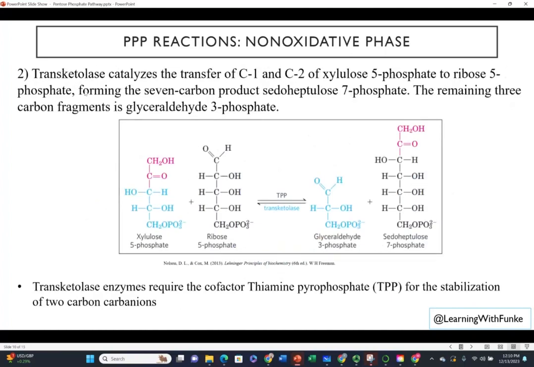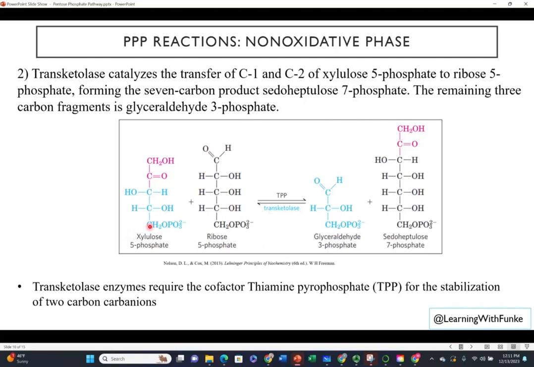All right, so going much deeper, we said in step 2, we have that transketolase enzyme that uses TPP as a cofactor. The cofactor TPP, thiamine pyrophosphate, is needed for stabilization for the formation of two-carbon carbanions that form during this process.